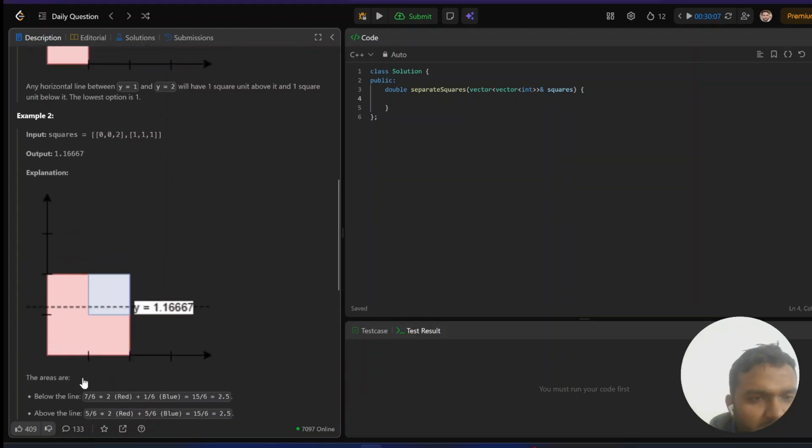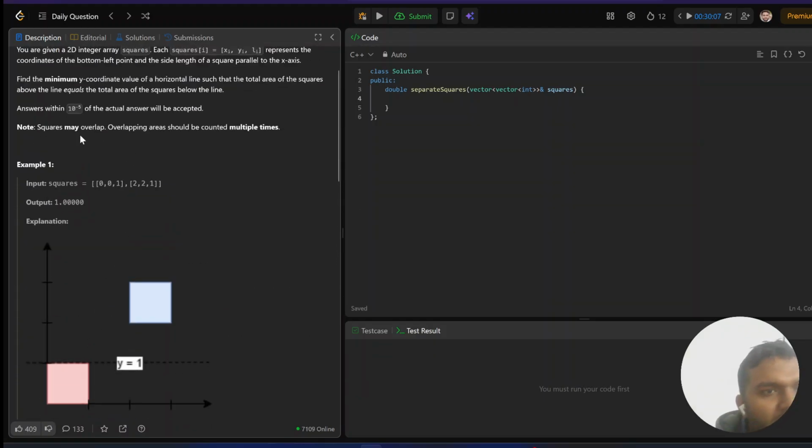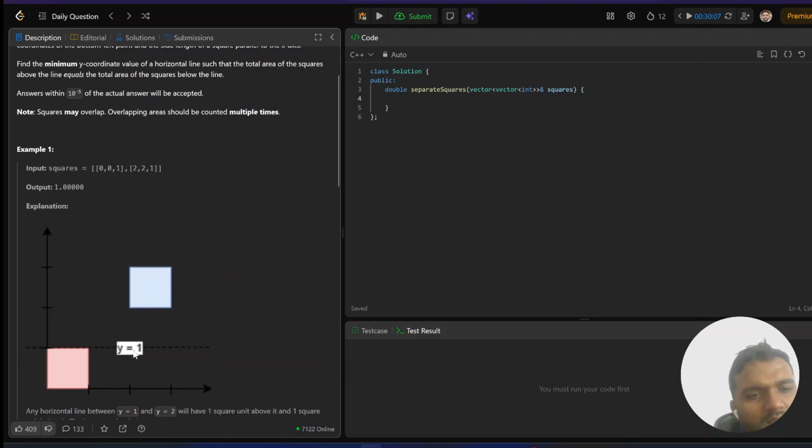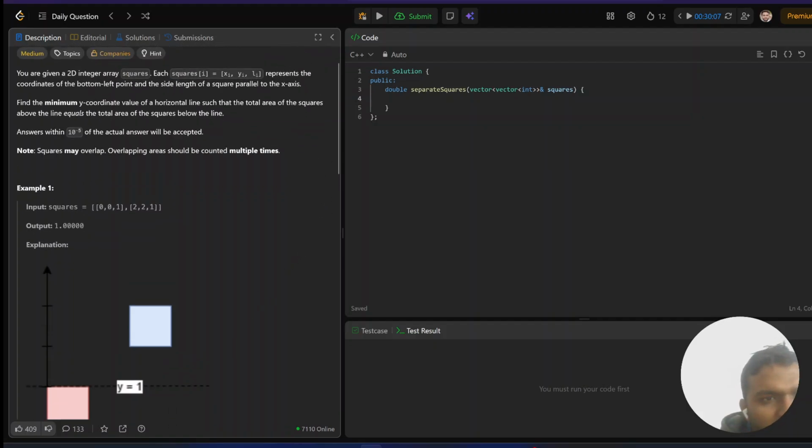Let me think about that later. Minimum y coordinate means 0, 1, 2, like that, of horizontal lines, so that the total area of the squares above the line, above the line there are very many squares, below, I think, infinite squares. You are given to read the entire square, putting the coordinate on the bottom. Let me think.